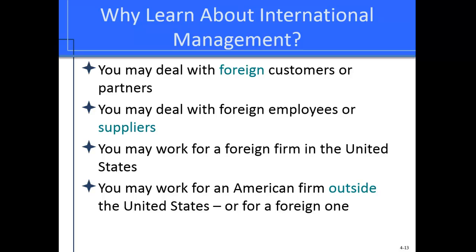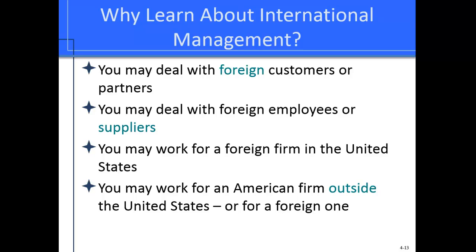You may have to purchase raw materials, components, or services from a foreign supplier, and foreign practices may be different from what you are accustomed to here in the U.S. You may work for a foreign firm in the U.S. The outlook of managers above and below you may be different from yours. And finally, you may work for an American firm outside the U.S. or for a foreign one. Most big U.S. corporations have overseas subsidiaries.